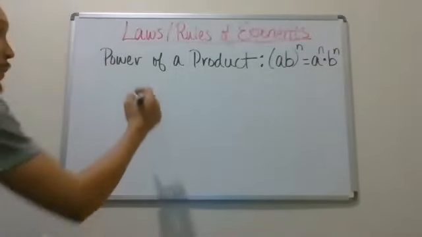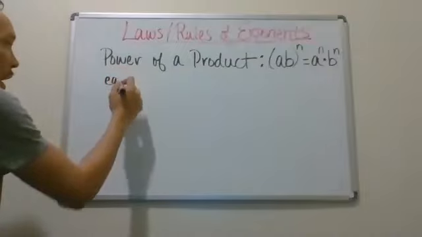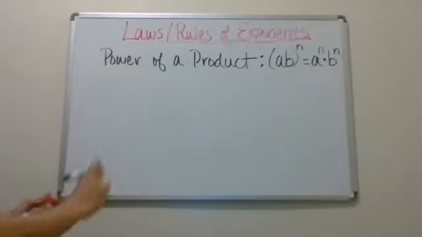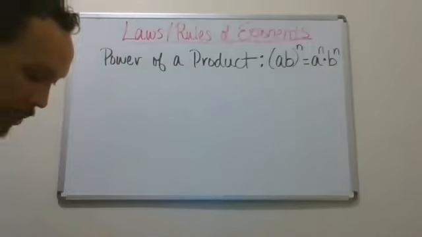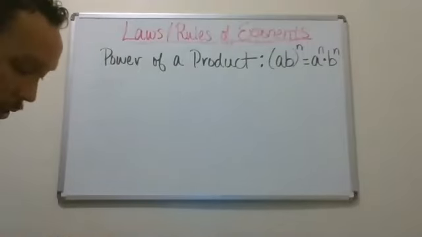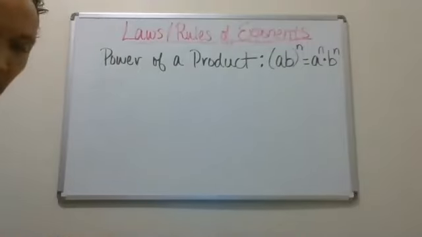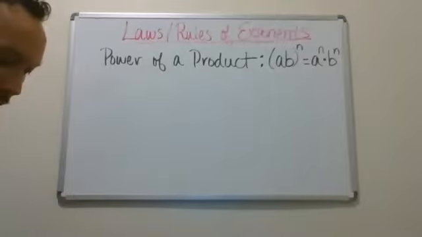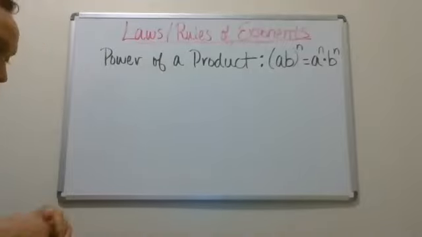Let's look at an example. And we're going to look at numbers, okay? So understand that variables are nothing but numbers, so this also works with variables. I will give an all-inclusive variable example very soon, okay?